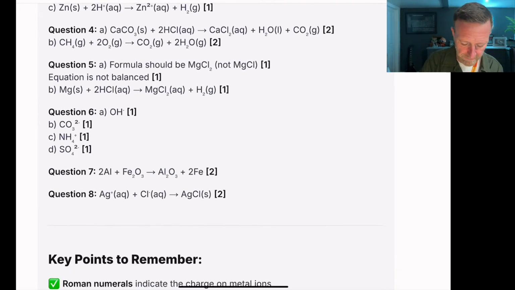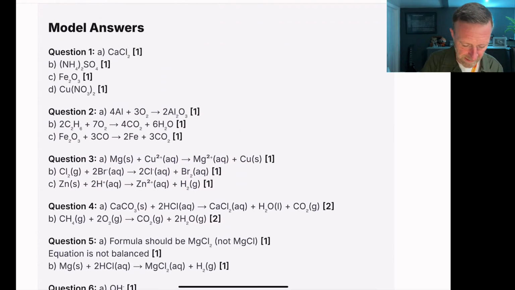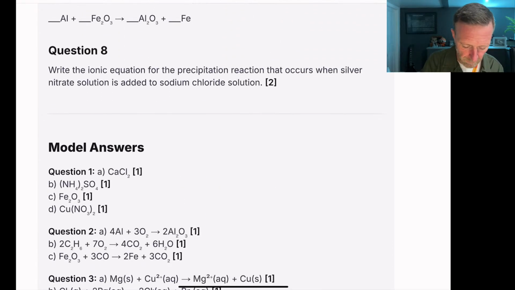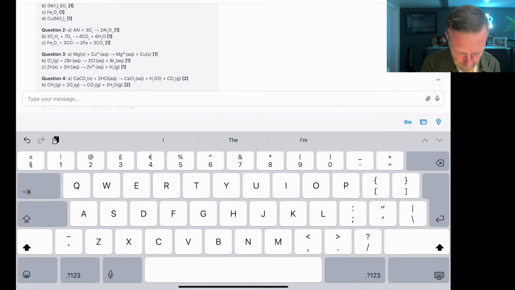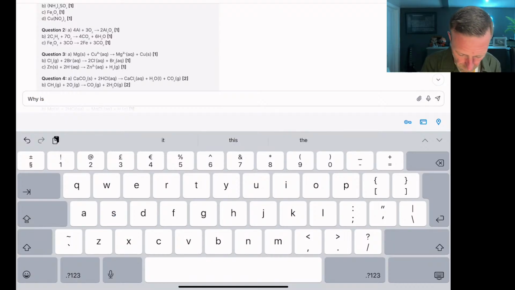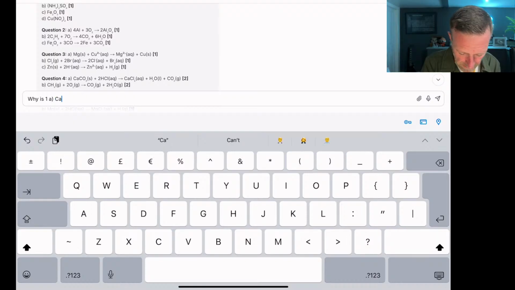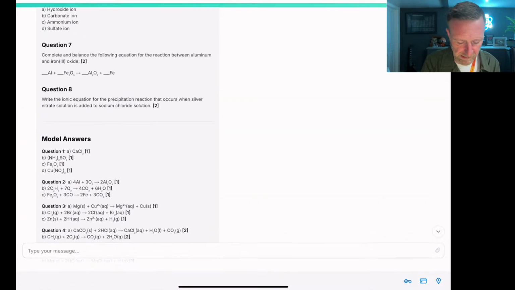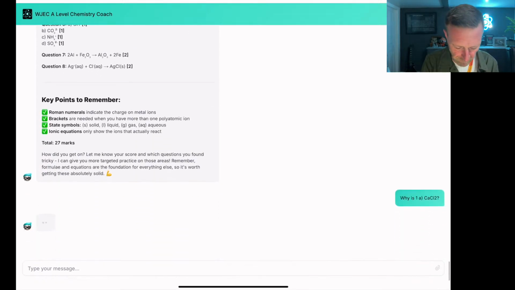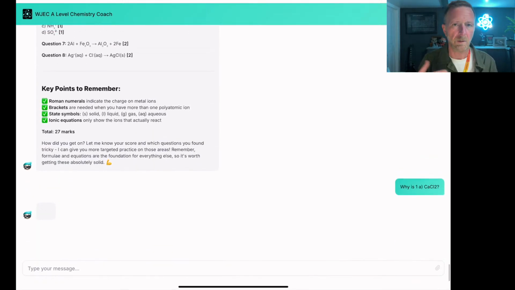Now, if any of those answers don't make sense to you, like question 1, what's the formula of calcium chloride? I can go, okay, so why is 1A CaCl2? How did you get CaCl2? What's the reason for that? And it'll go through an explanation and help teach you why the formula is this.